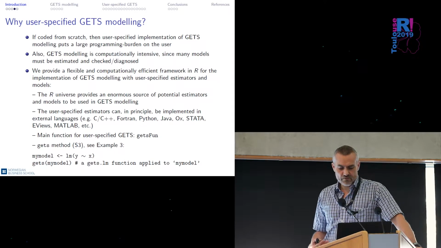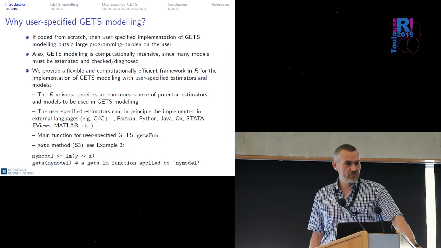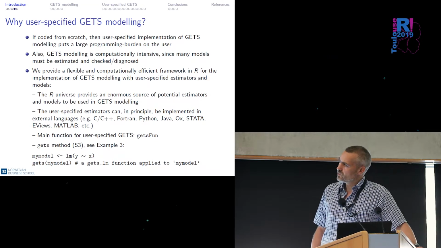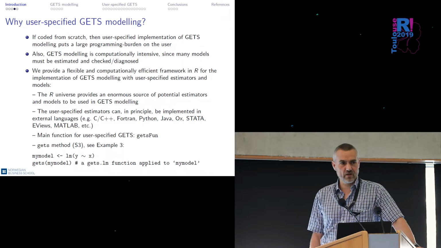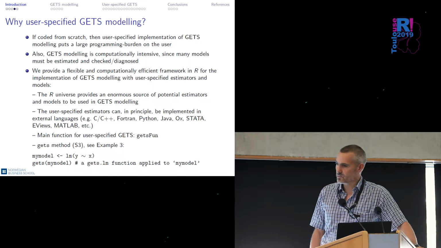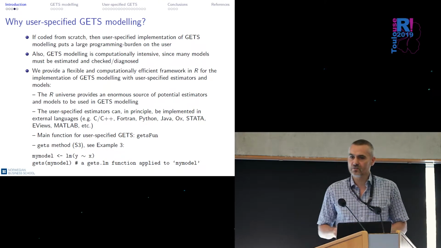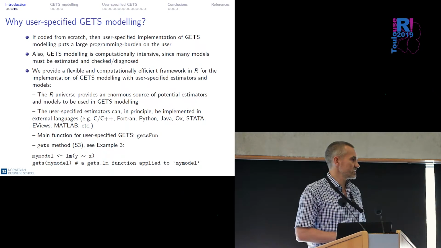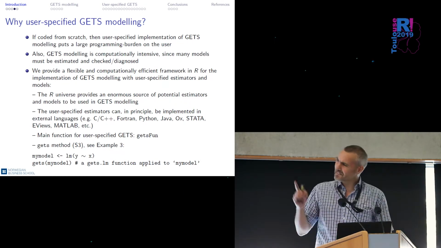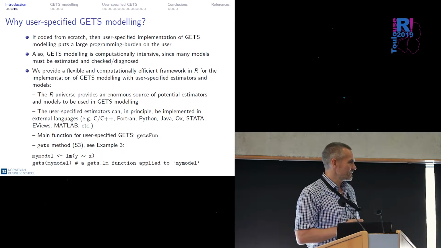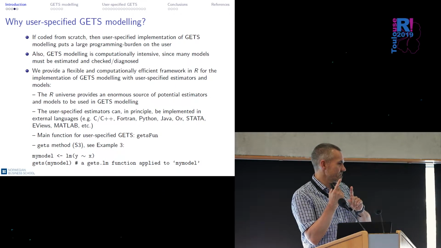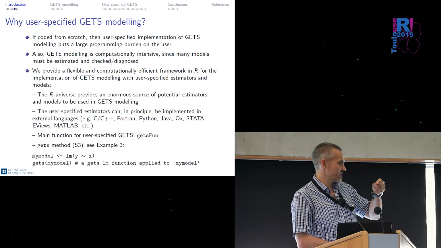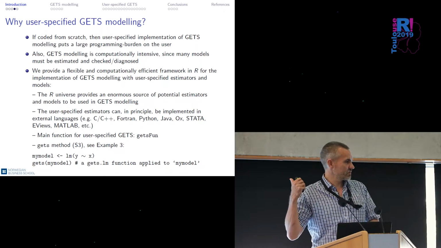And if you create a so-called gets.lm function and apply that to my model, you will be able to do Gets modeling straightforwardly to your well-known LM object. And to relate this back to John Fox's presentation earlier, I'm not sure how the LM object actually stores your splines inside it, but if they are stored as regressors, you might actually be able to, no?